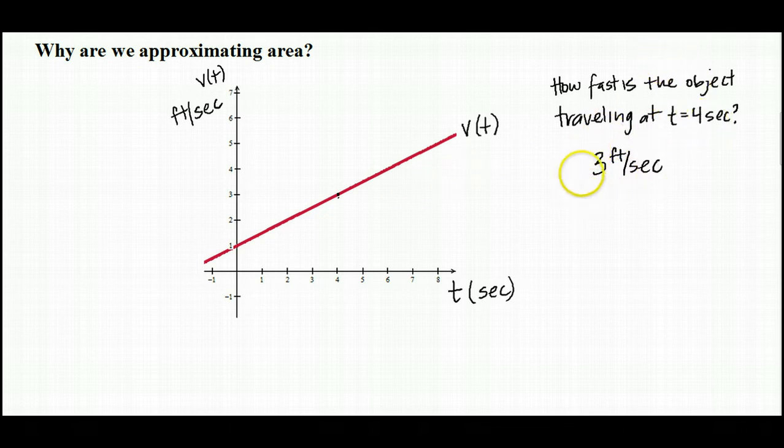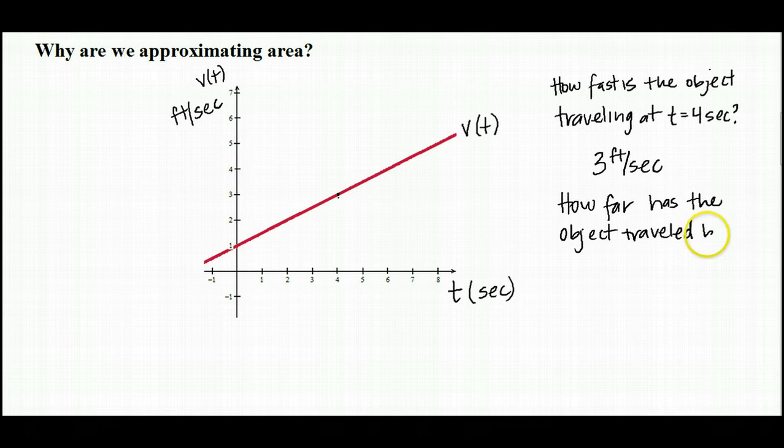But if instead I want to know how far the object has traveled over an interval, between t equals 0 and t equals 4 seconds, we want to find a way to find the distance traveled.